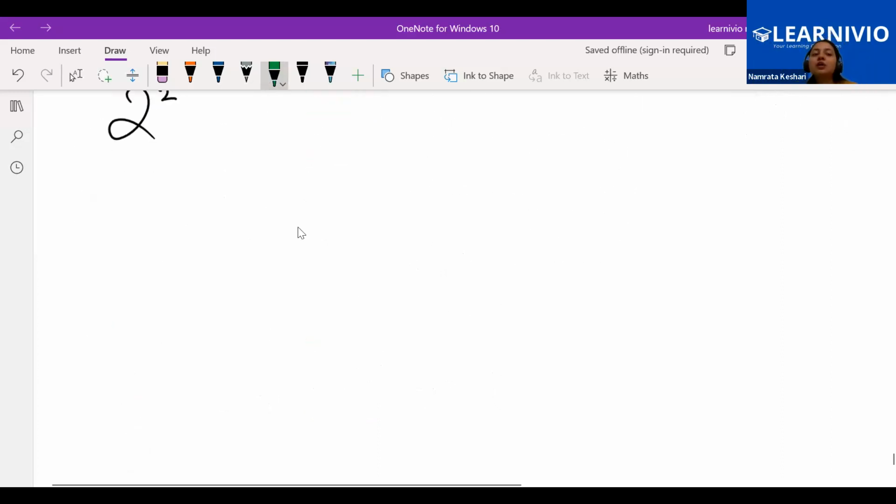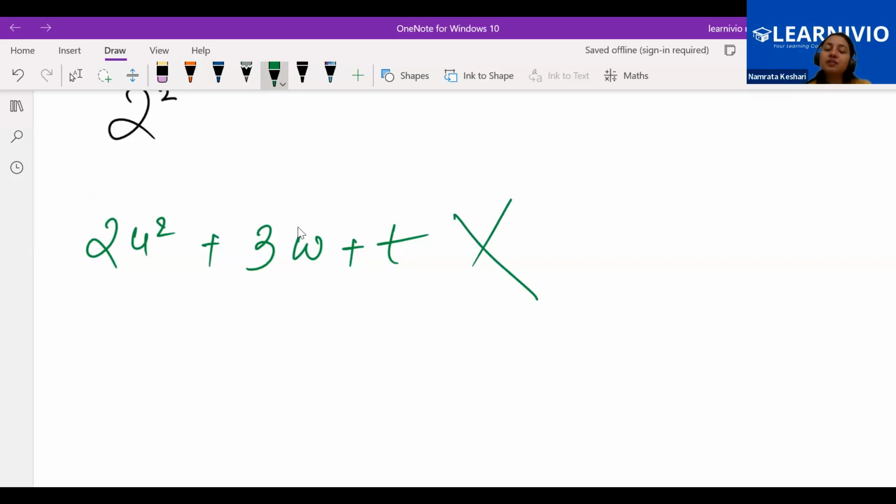Now you will find in your book that there will be a question like this: 2u square plus 3w plus t. Now the question is, is it a polynomial in one variable? No. Why? There are 3 different variables. Yeah, it's not a polynomial in one variable.